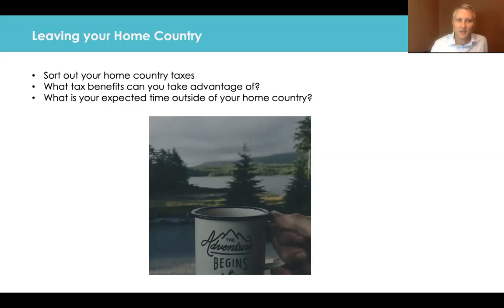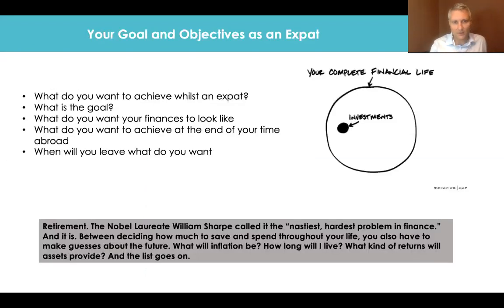Once you've done that, it's understanding how long you're going to be outside of the country. So what are your goals and what are your objectives? As we just said, you're not likely to be in that country for a long time, so you've got to understand what you want from your money, your finances, your investment portfolio, anything.